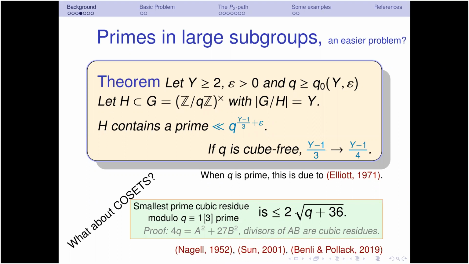I don't know how to prove that there's such a prime below Q, even below Q square, I don't know. So we've proved that with Prima and Balou. In fact, we just take the proof of Elliott of 71 to prove something similar. And Elliott had the condition that Q is prime, but if you work a bit carefully, you get this one by following the same proof.